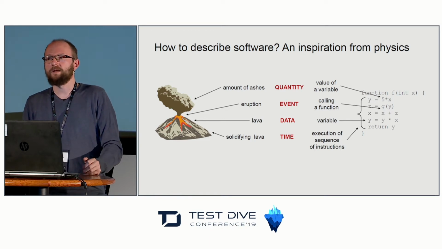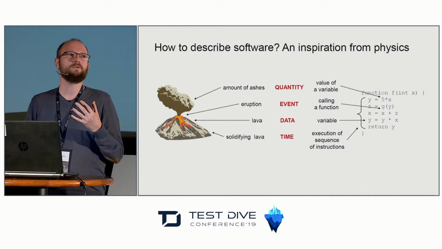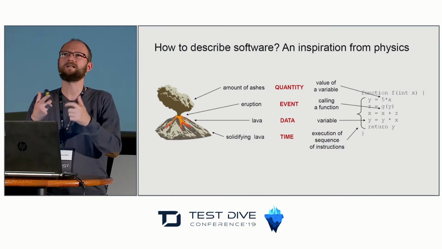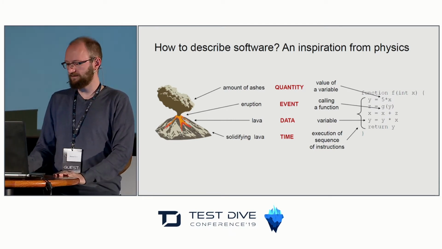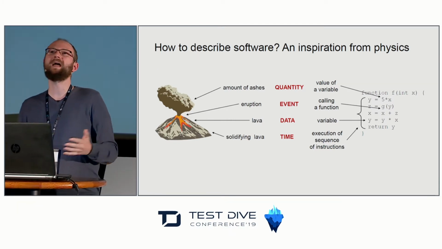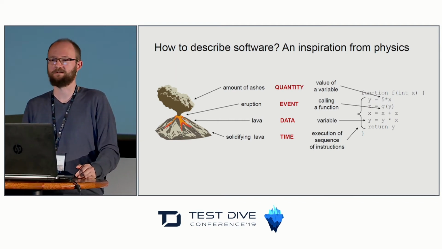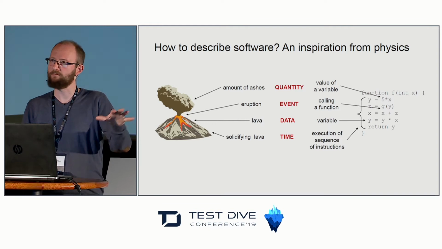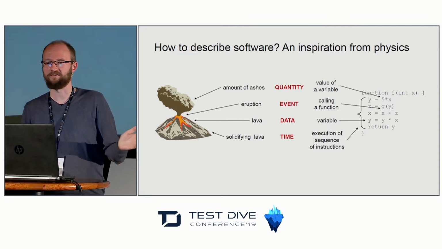So physics operates with a few characteristics like mass, energy, temperature, this kind of stuff, that are used to describe any possible situation that we can meet in the real world, both on the micro level, macro level, normal level, everywhere.